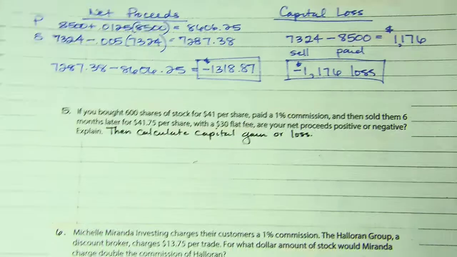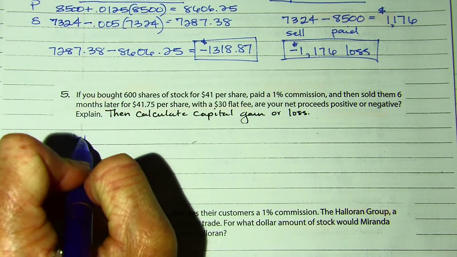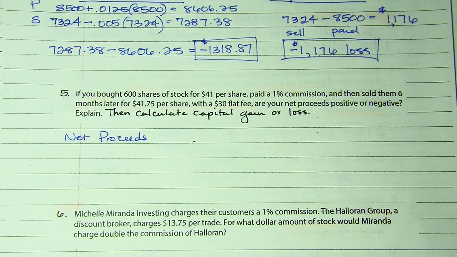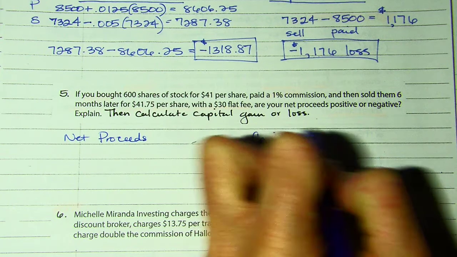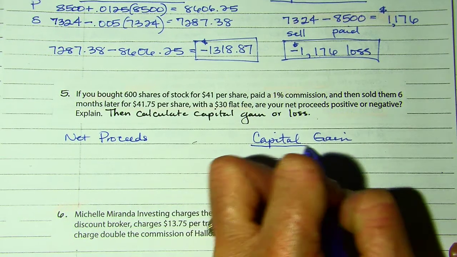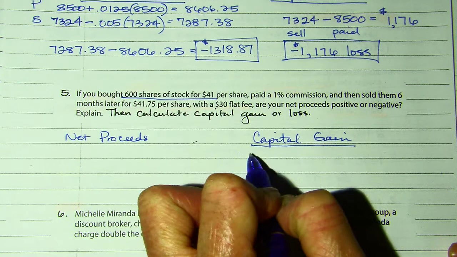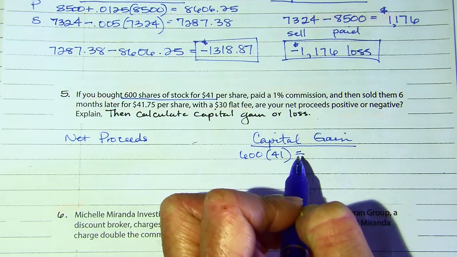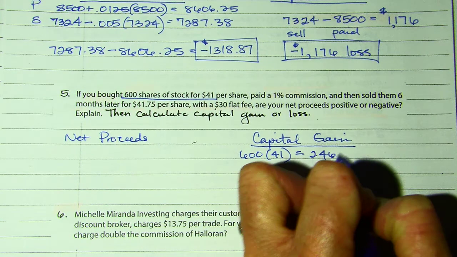So let's try that one again. Number 5, we're going to calculate her net proceeds, and we're going to calculate her capital gain. So let's start with capital gain. It's easier. She purchased 600 stocks at $41. So 600 times 41 equals $24,600.